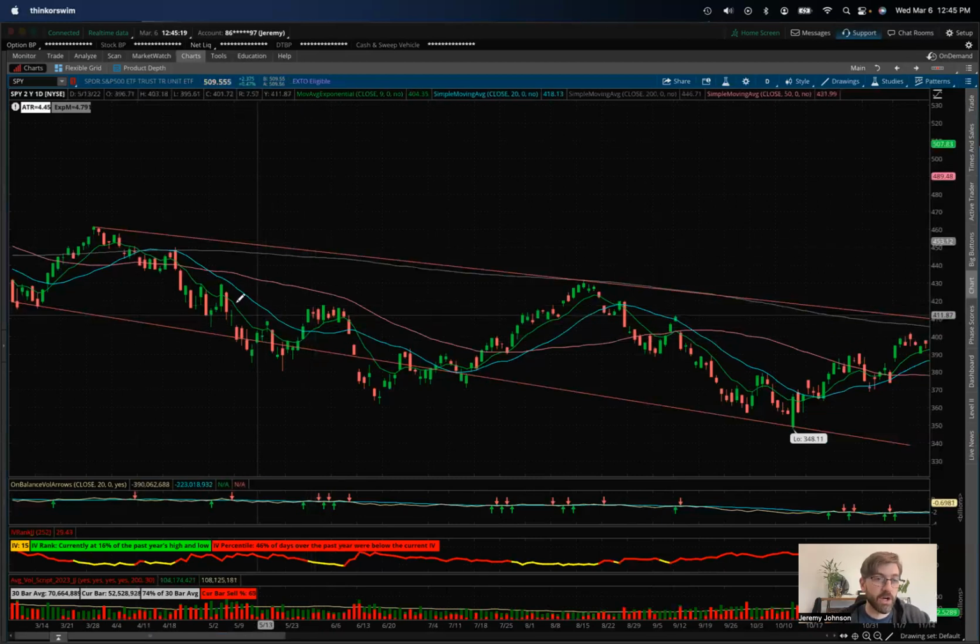On the daily chart, someone could have argued that this is a W formation, which is a candlestick formation that signals potential for bottoming price action. But all of our moving averages were sloping down. We were below the 50-period moving average.